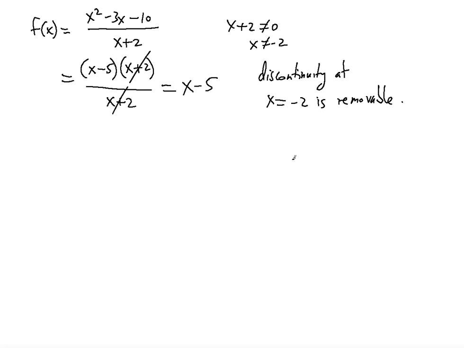But what if you have a non-removable discontinuity? Suppose that I give you a function like 1 over x minus 4. The constraint is that x minus 4 cannot be equal to 0, so x cannot be equal to 4.